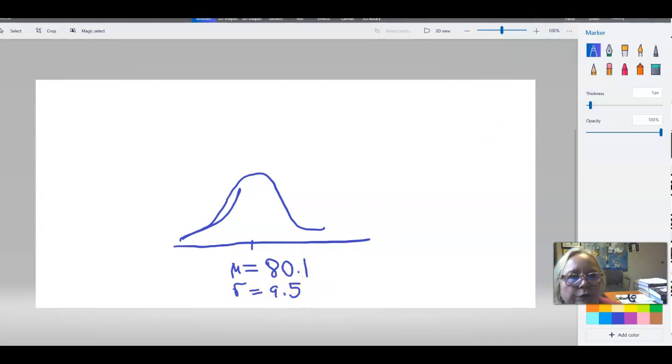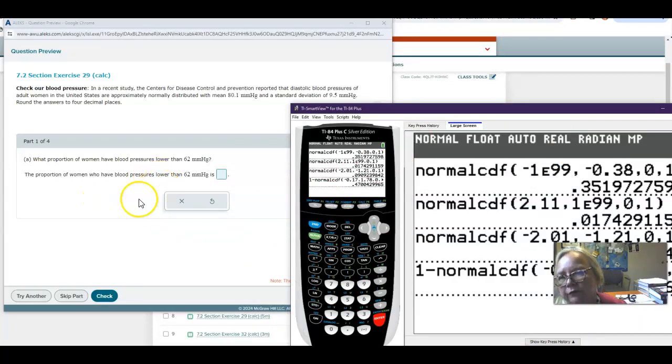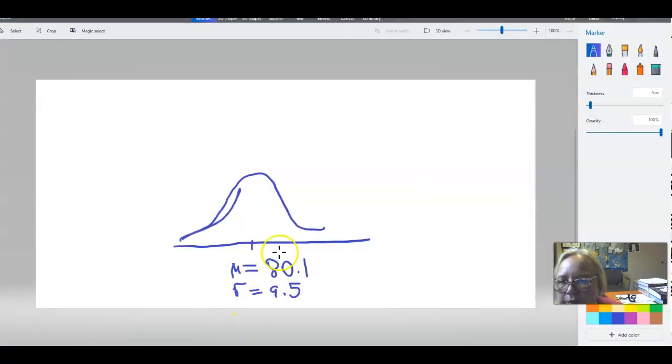So we want to find the proportion of women who have blood pressure lower than 62. The proportion of women lower than 62 is the area to the left of 62. 62 is here because it's less than 80.1.